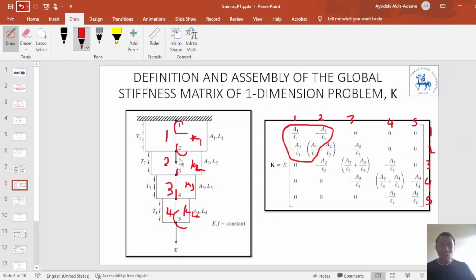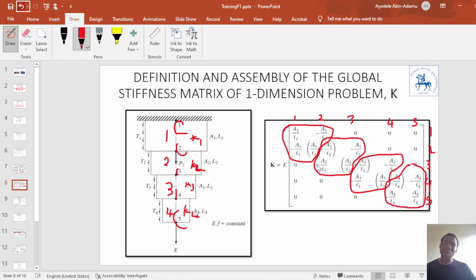For element 2, which is between node 2 and node 3, we see the local stiffness matrix of element 2 here, and you can see it is added at position 2, 3 along the row and 2, 3 along the column, just because element 2 is located between node 2 and node 3. The same thing for element 3 and element 4.